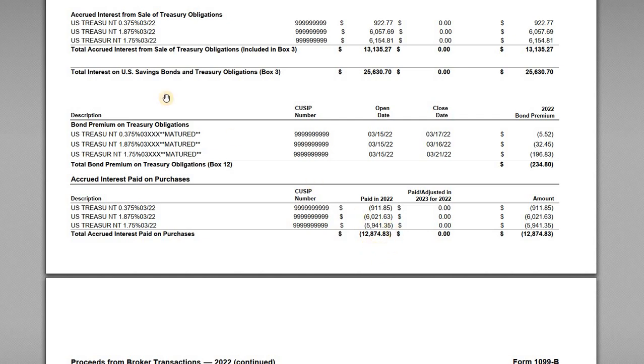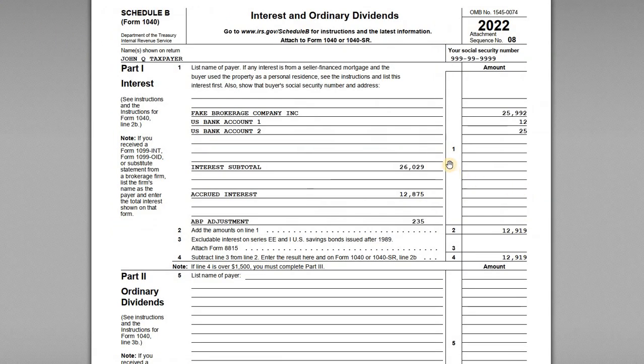So we have our $12,875 reduction. And so when you take the $26,029 minus this figure, the net amount of interest that's taxable to John is this $12,919 figure.